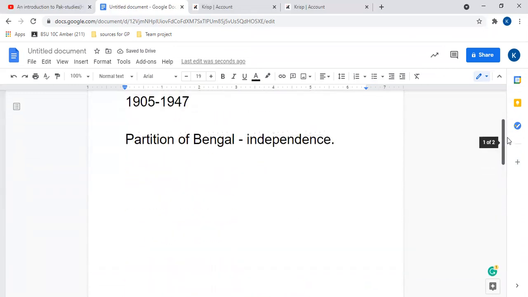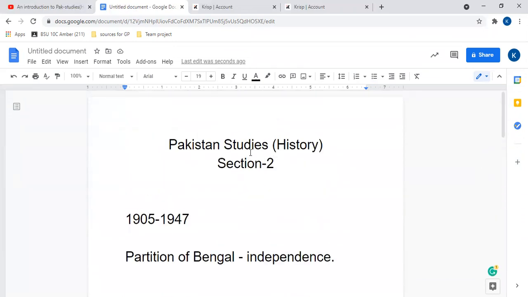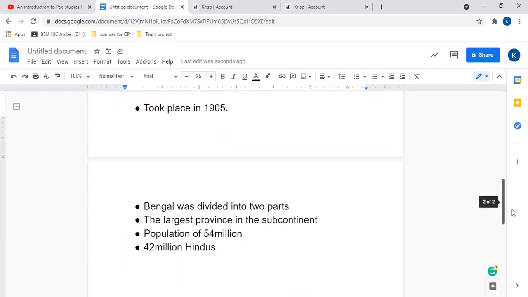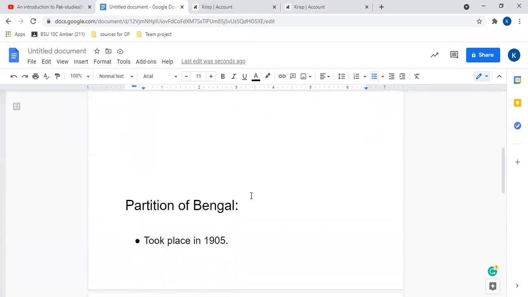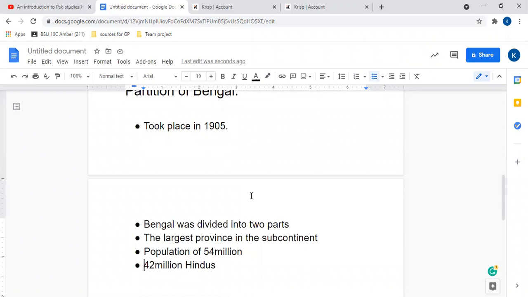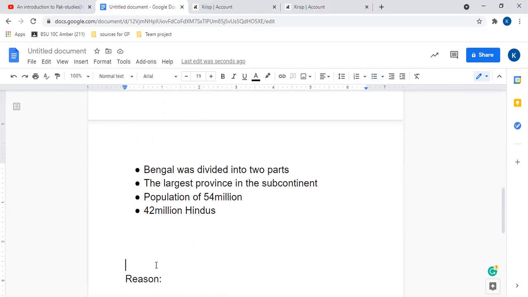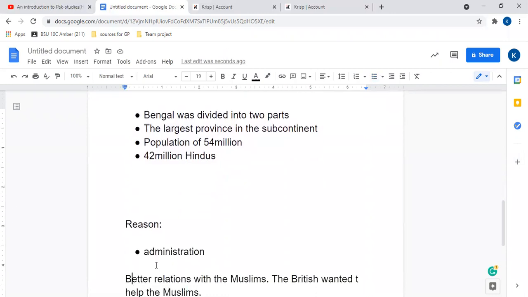We'll go over a quick recap once again. We were studying section 2, 1905 to 47, which covers everything from the partition of Bengal to independence in 1947. The basic gist of the partition was that it took place in 1905, and the British divided Bengal into two parts, because it was the largest province in the subcontinent, with a population of 54 million, 42 million of which were Hindus and only 12 million Muslims.